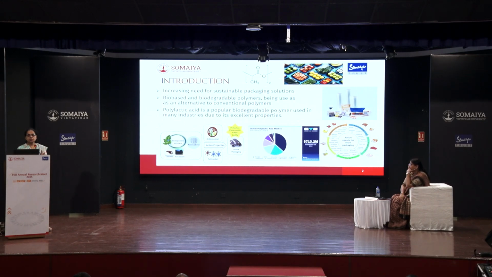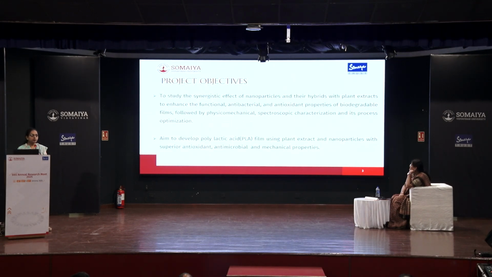Our main aim is to use essential oil, which is the sustainable option, and many active agents have already been reported. But when we use these active agents, what is lacking is the mechanical properties, which deteriorate. We found this gap and tapped it. The aim of our project is to develop a polylactic acid film using plant extract and nanoparticles with superior antioxidant, antimicrobial, and mechanical properties.